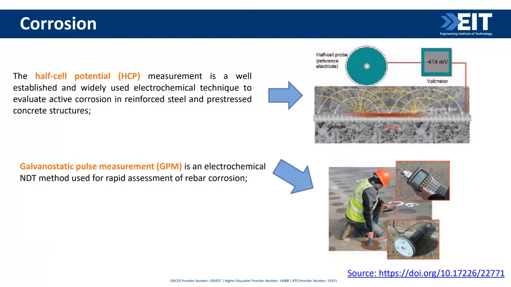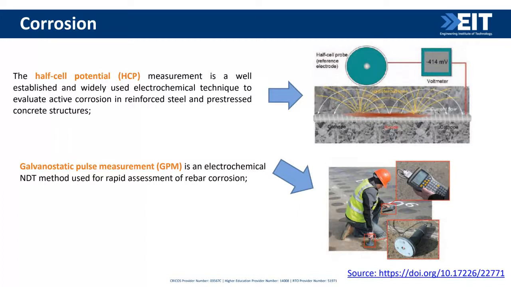And now, how we can measure corrosion. I'm going to share with you some other tests. We have the half cell potential, or HCP, and via this test we can identify active corrosion. Sometimes you conduct this on reinforced concrete or pre-stressed concrete structures. Another very popular one is the GPM.